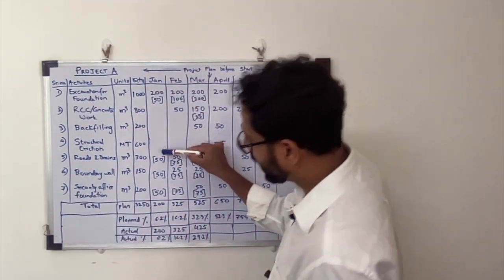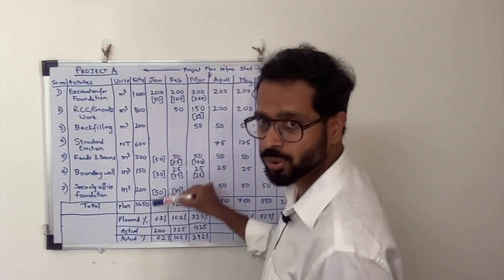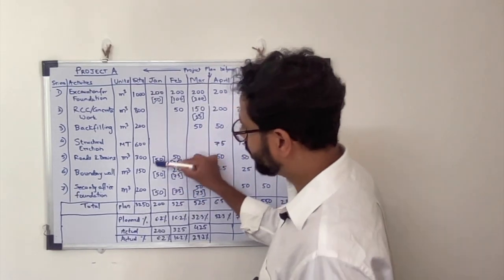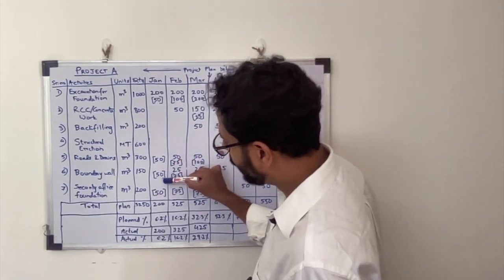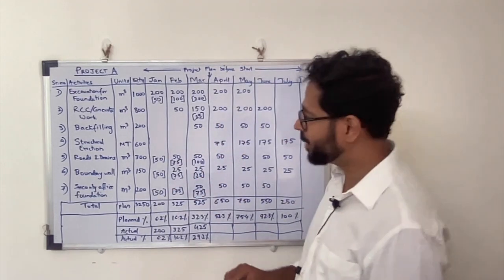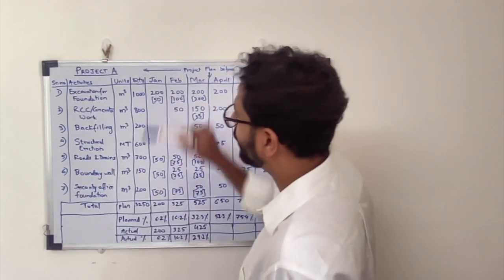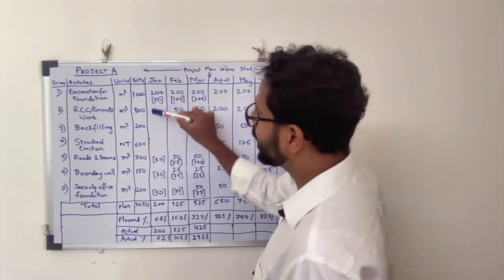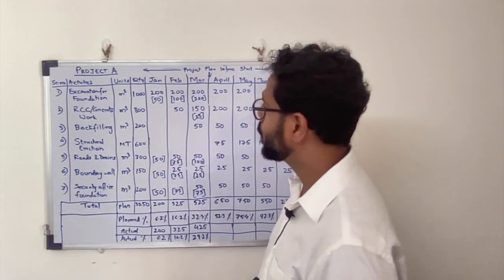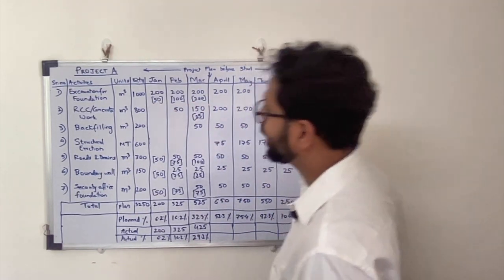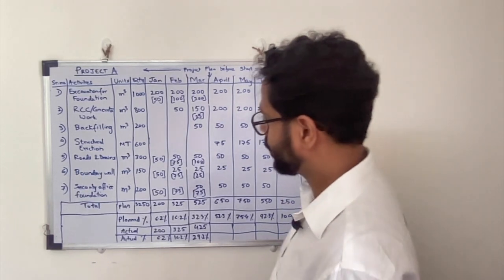You can see here there was no plan to do this job in the month of January, but he has executed 50 units of work, and he has only delivered 50 units in the main critical path activity, that is the foundation.